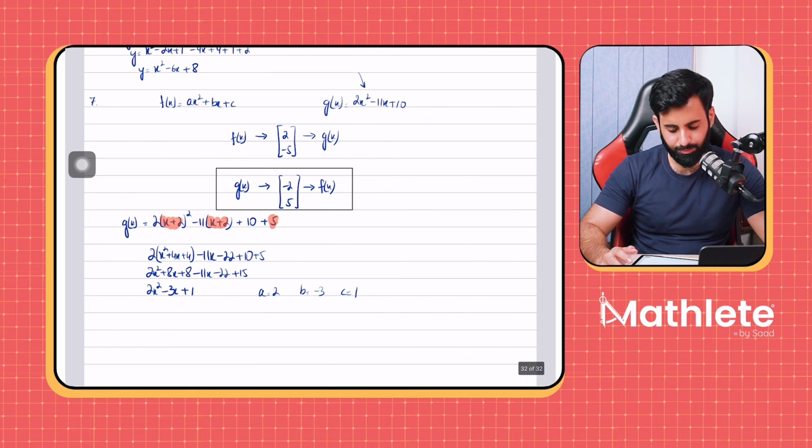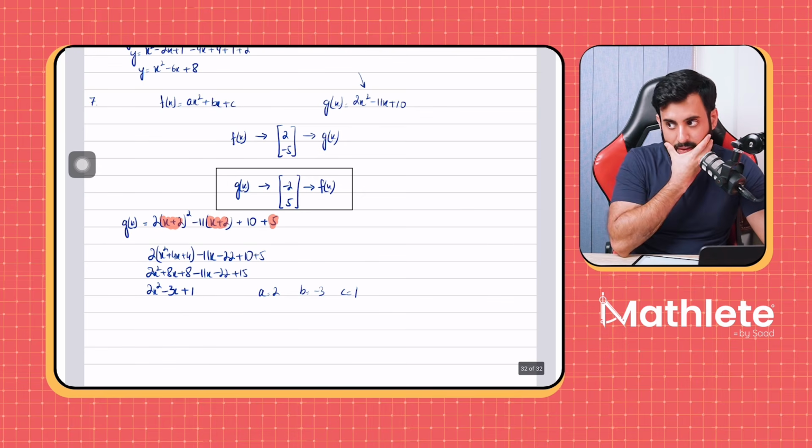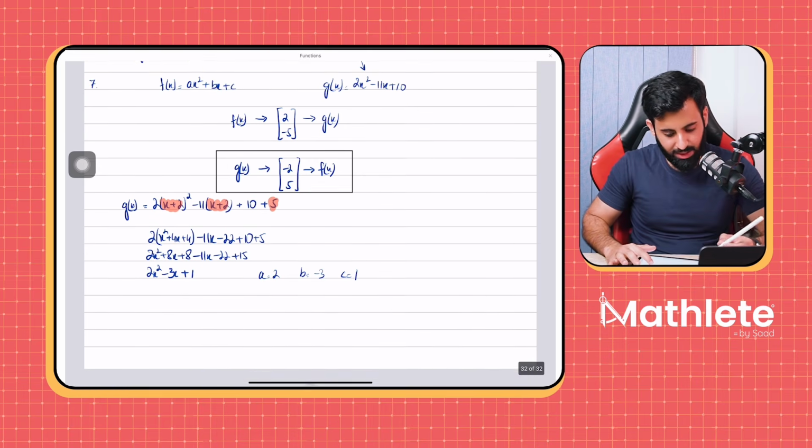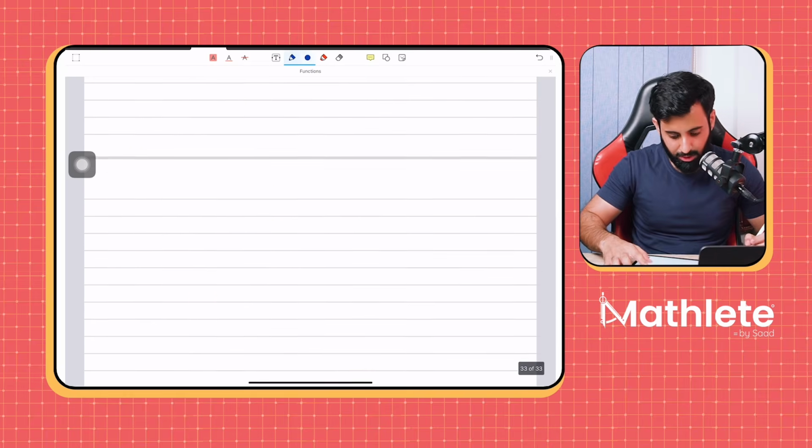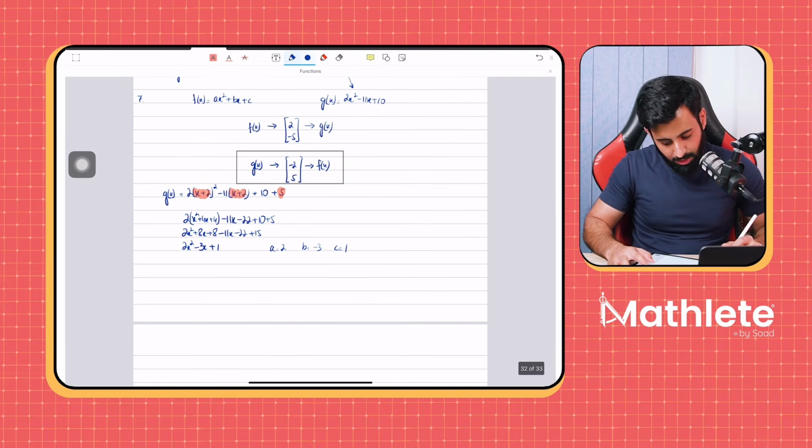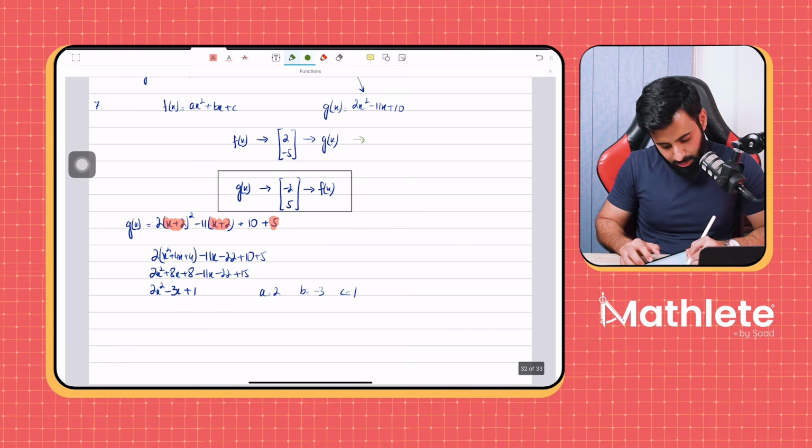Sir, can't we do comparing coefficients? You can do that, but that will make it lengthy. It's a good idea. If you go ahead with what I've written here, you're going to do a times x minus 2, the whole thing squared, plus b times x minus 2, plus c, minus 5.